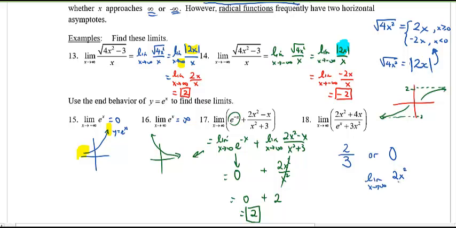Now what about the denominator? How do you compare e to the x with 3x squared? Which one dominates? Which one really is the one that matters when x is big? Is it the 3x squared that's going to be huge, or the e to the x that's going to be even huger, if that's such a word?